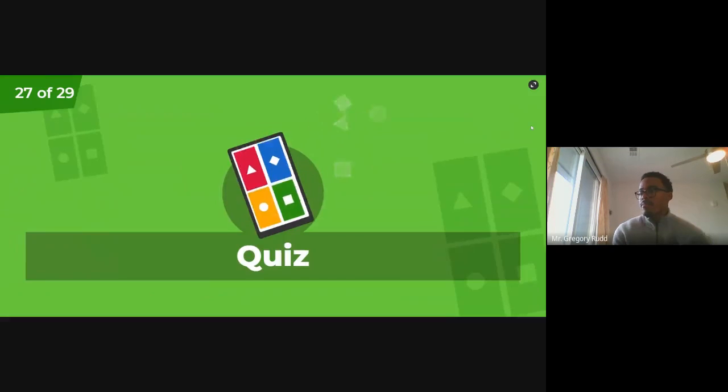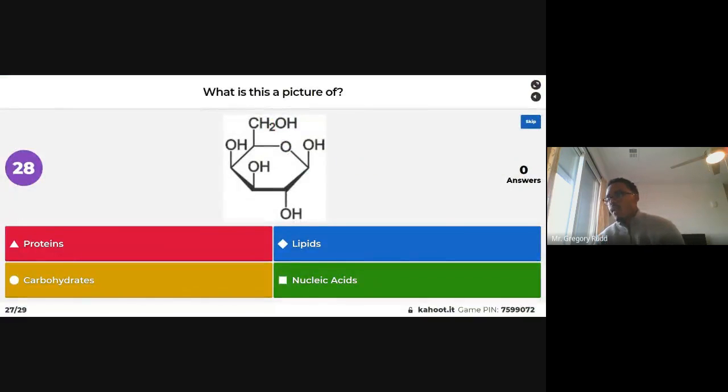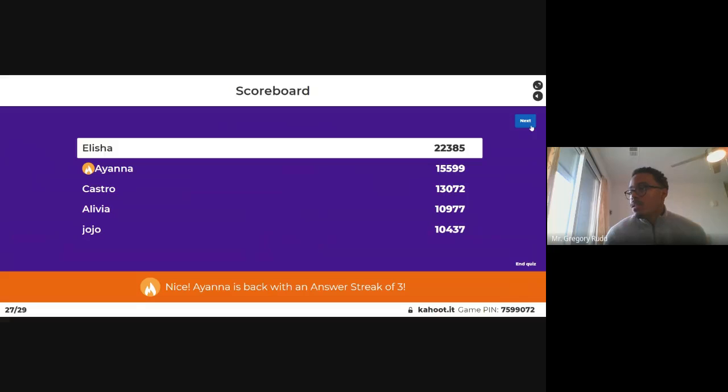Yep. What is this a picture of? So I guess those will be the last 4 questions. Carbs. Yep, that was the 6 carbon rings. That was a carbohydrate.